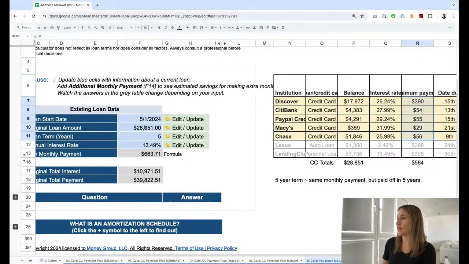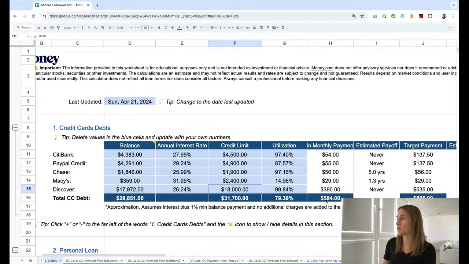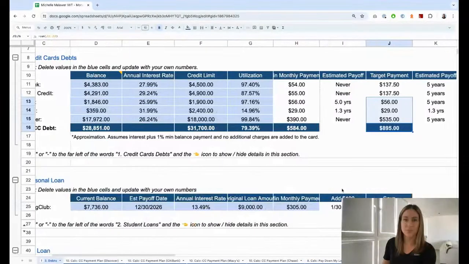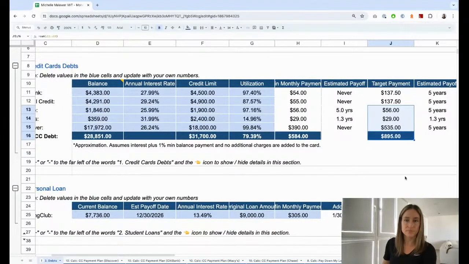And if they got a personal loan for 5 years, they would increase their monthly payment by just slightly, to $663, but it would be far below the $900 that it would take to reach that goal if they didn't get a personal loan.